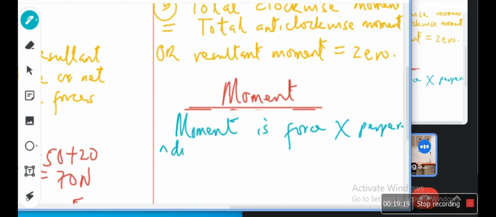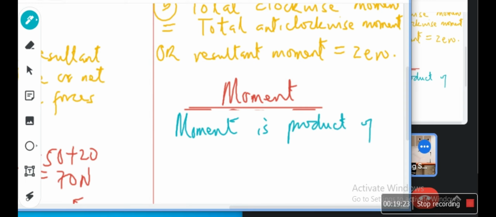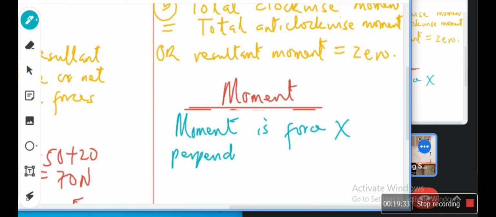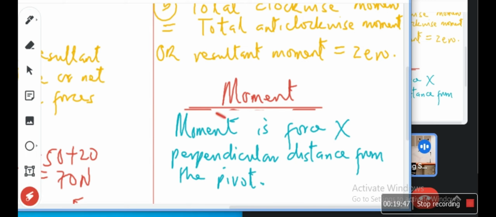I think I better write this one down. So moment is force times perpendicular distance from the pivot. Did you get that? Yes. Alright, force and perpendicular distance from the pivot.